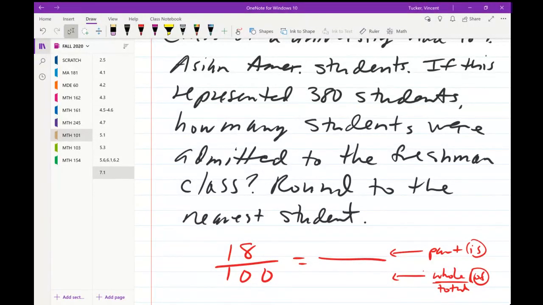So the 380 students would be 18% of the total. And it says how many students, it didn't put any stipulations on it, so how many students in total were admitted to the freshman class. So that 18% lines up with the 380, and the total number of freshmen is what we're trying to figure out. So that 380 is part of the freshman population, and we need to figure out the total number of students.